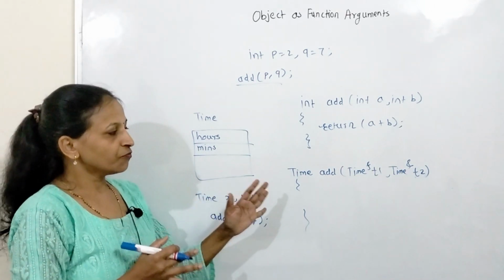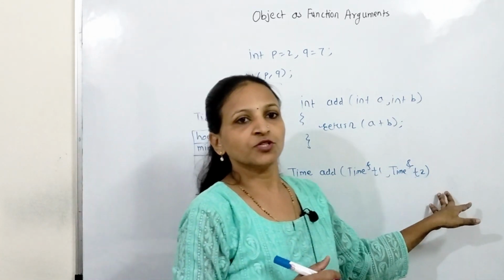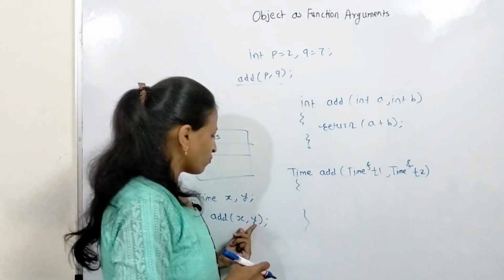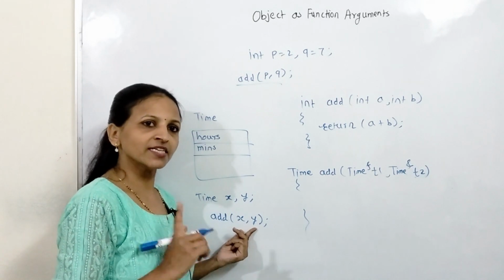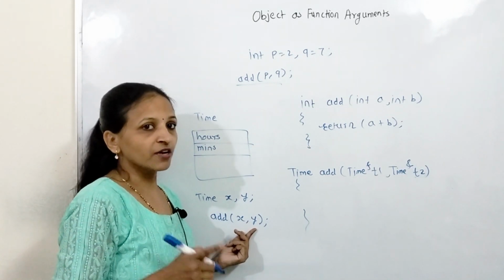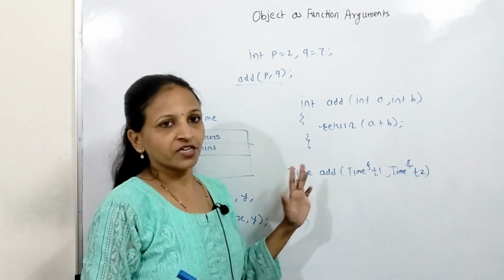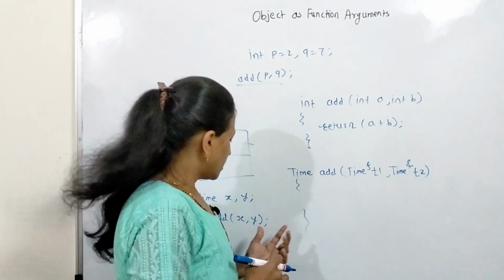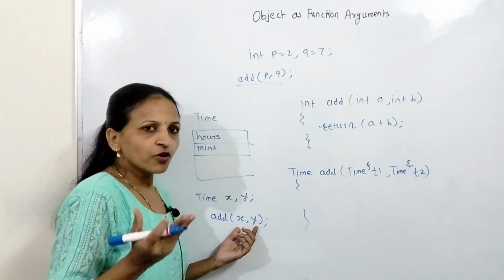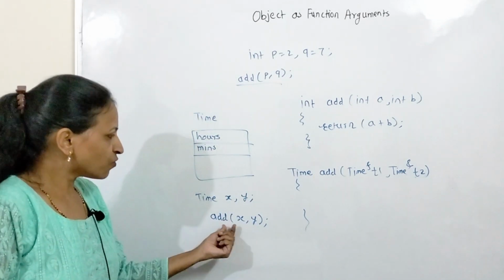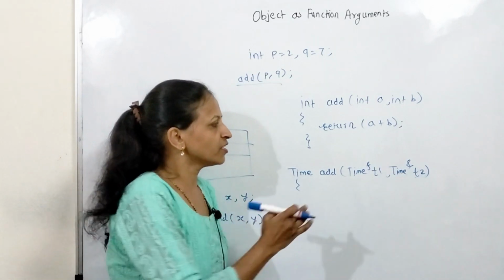Now if we want to modify the passed object itself, I want to make some changes inside x and y, then I compulsorily have to use call by reference, with the help of either a pointer or a reference variable. But here I don't want to do that, because I just want to do the addition of t1 and t2.